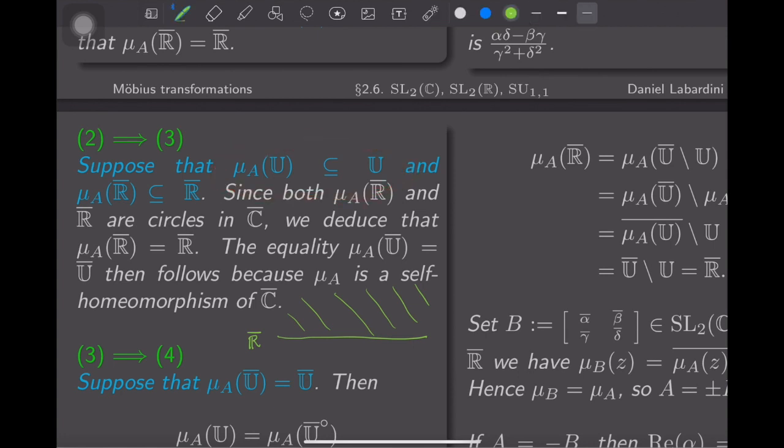So if there were some point outside U union R bar that by the Möbius transformation gets inside, so let's say Z and mu A of Z, I cannot get inside, so let me think.